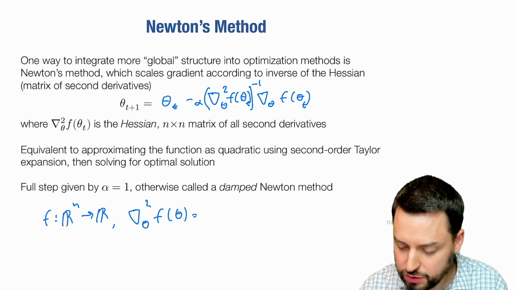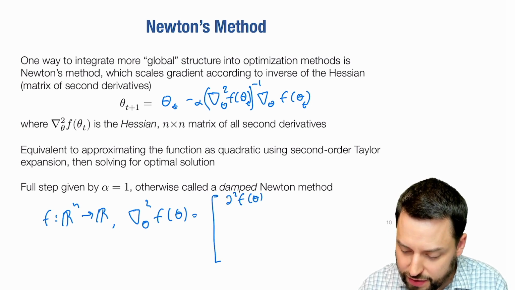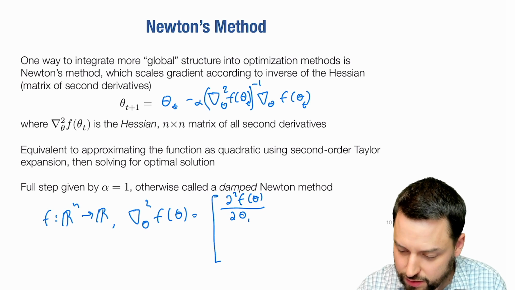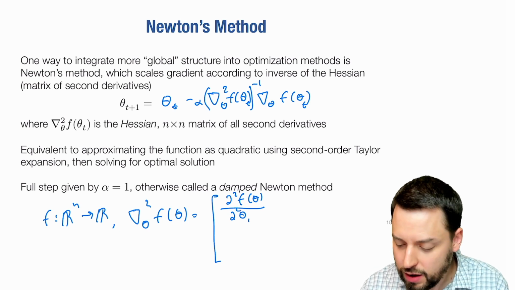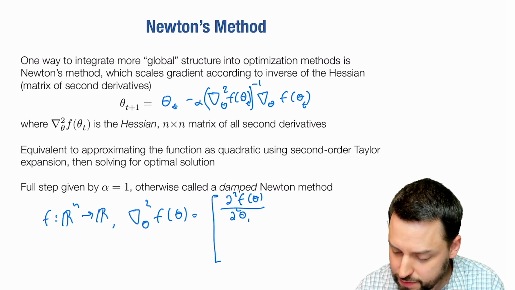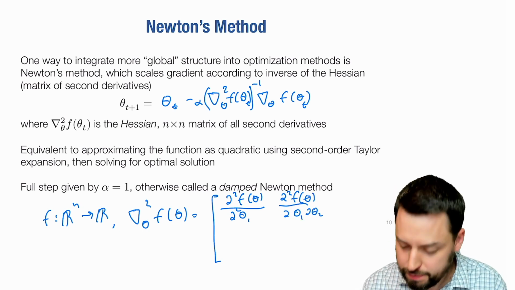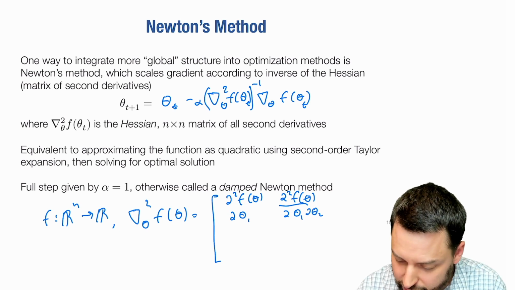So it would be equal to a matrix of, first of all, the second derivative of f with respect to theta 1, and then the next column would be the second derivative of f with respect to theta 1, theta 2. Sorry, the square should be over here.